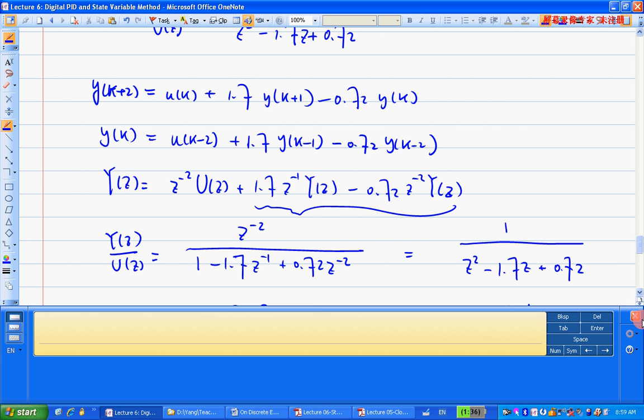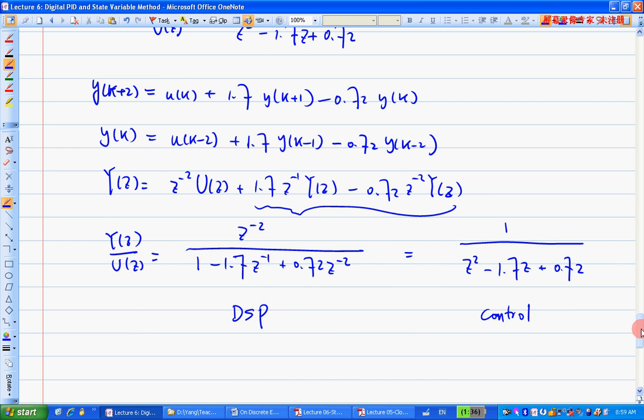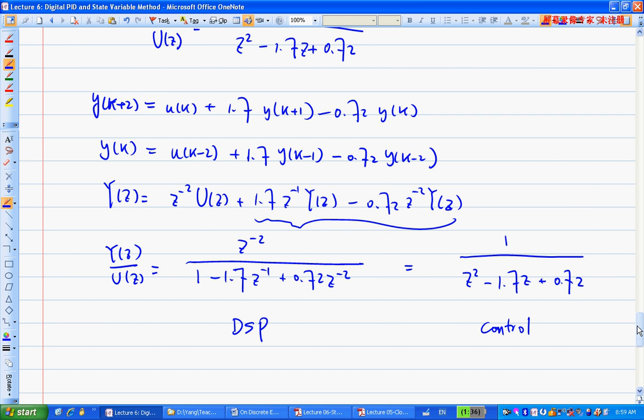So, can you see the connection now between the difference equation and the Z transfer function? Given a Z transfer function, you can easily get the difference equation. It's the same idea as given a Laplace transfer function, you can easily get a differential equation.